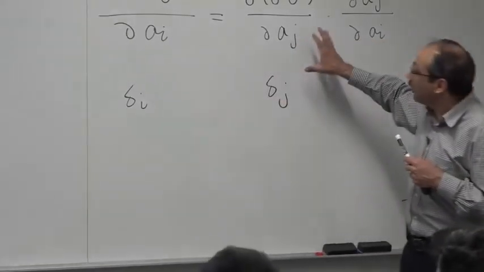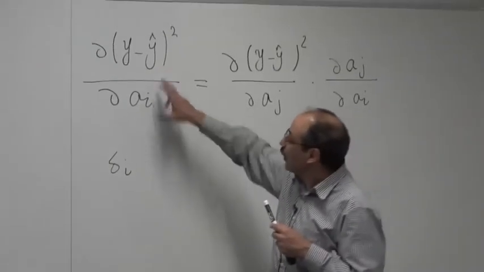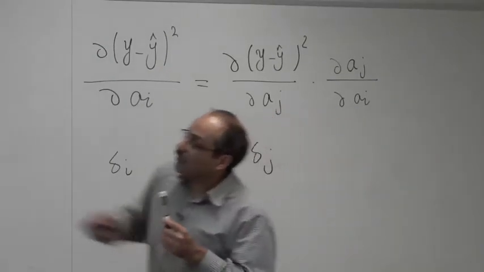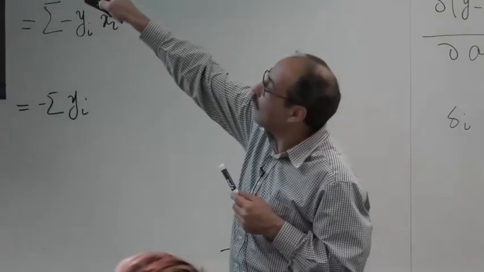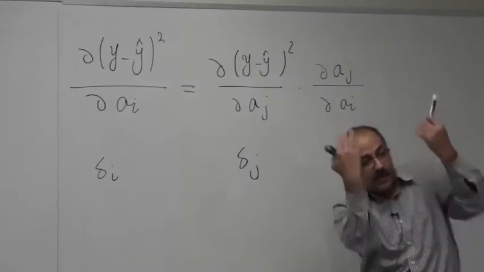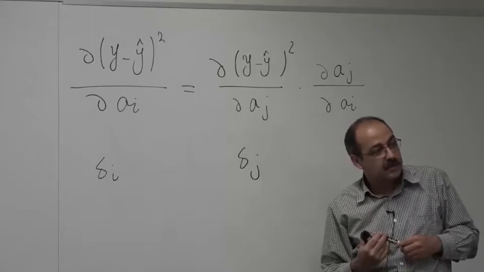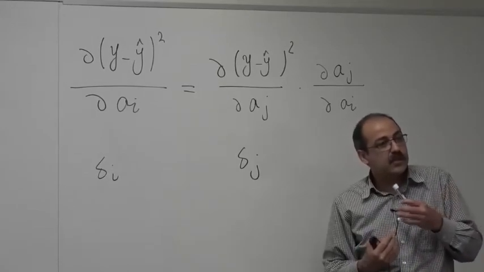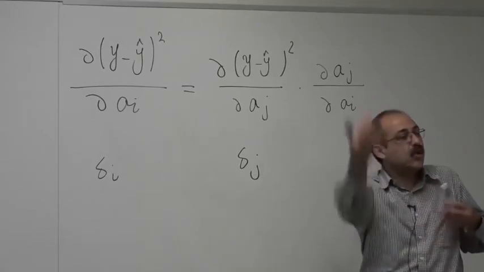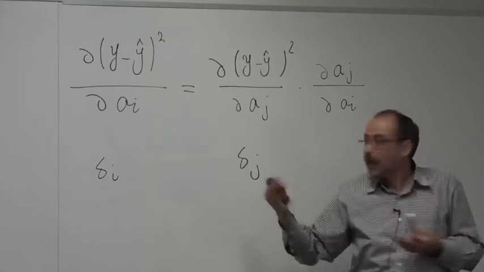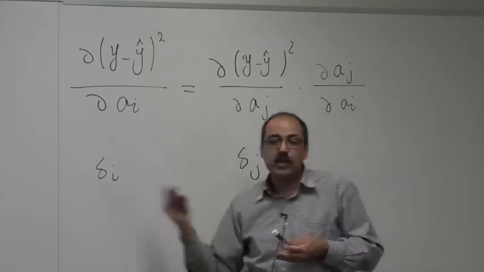If I can handle this, it means that to take the derivative of the cost function with respect to a_i of one layer, I can express it in terms of delta of another layer. In your suggestion, it was altogether a new quantity, but this has the same quantity just for another layer.